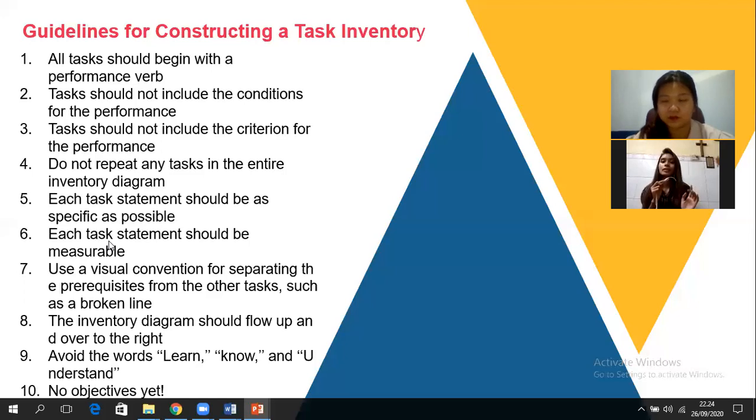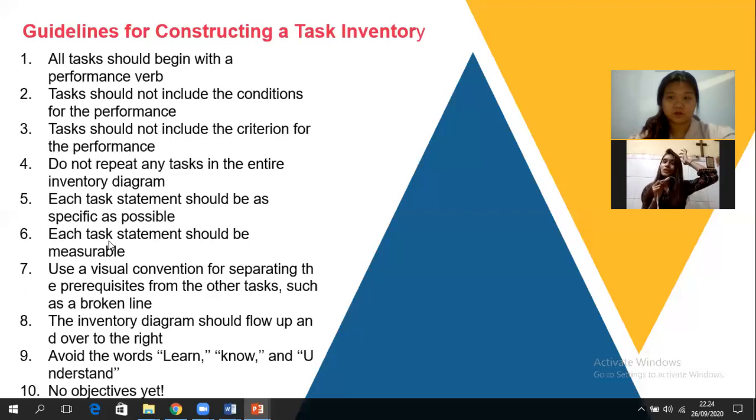And then the seventh, use a visual convention for separating the prerequisites from the other tasks, such as a broken line. The eighth, the inventory diagram should flow up and over to the right. The ninth, avoid the words learn, know, and understand.